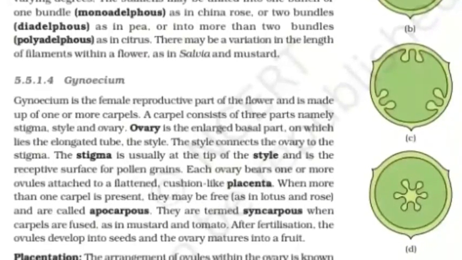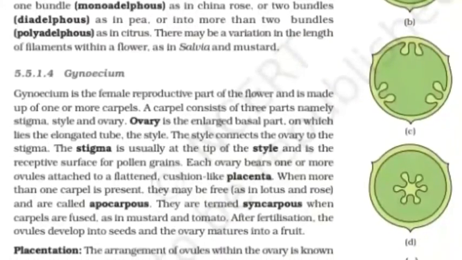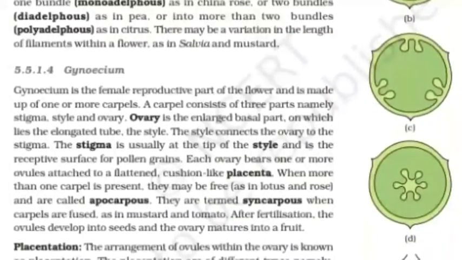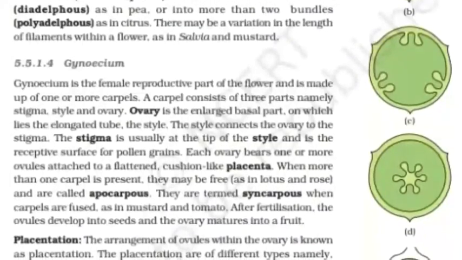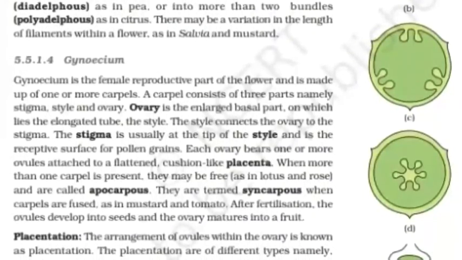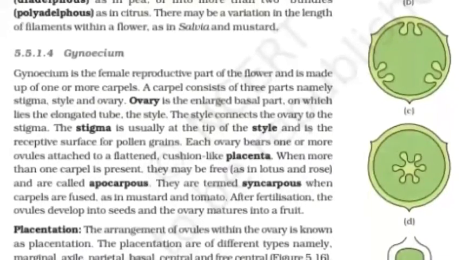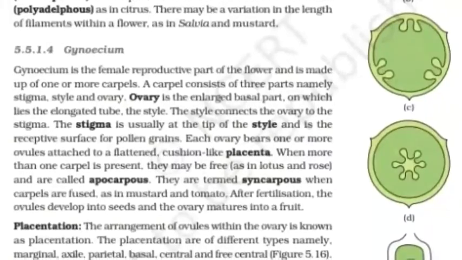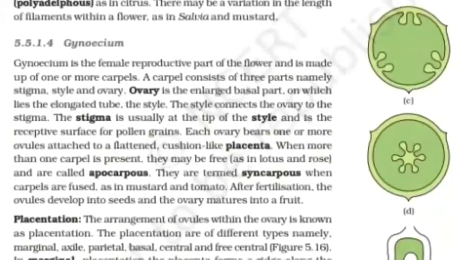The style connects the ovary to the stigma. The stigma is usually at the tip of the style and is the receptive surface for pollen grains. Each ovary bears one or more ovules attached to a flattened cushion-like placenta.